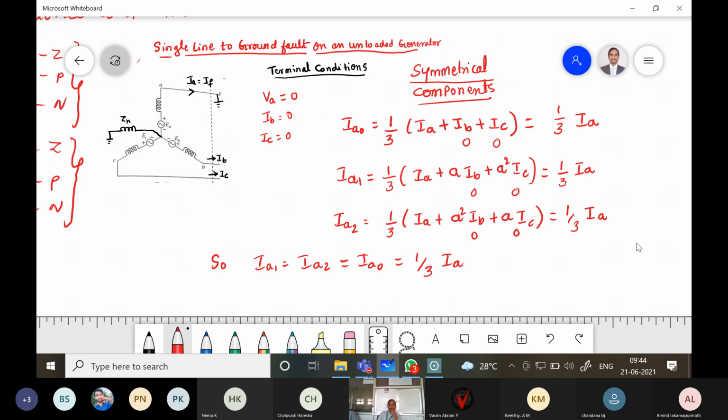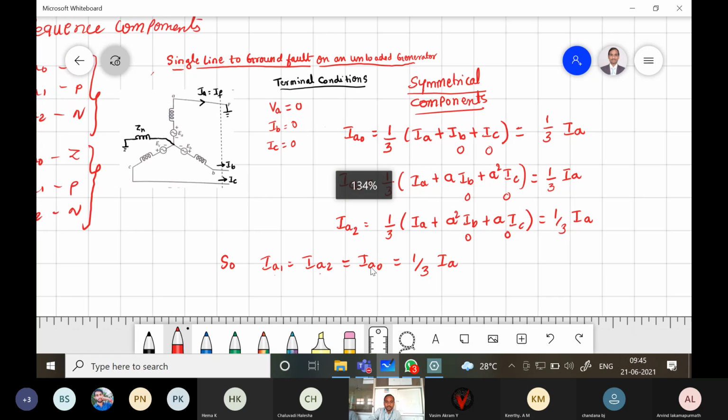From the above data, IA1 positive sequence, IA2 negative sequence and IA0 zero sequence are all equal. In a series circuit the current will be equal, while in a parallel circuit all the voltages are equal. Therefore we need to draw the positive, negative and zero sequence networks in series combination.